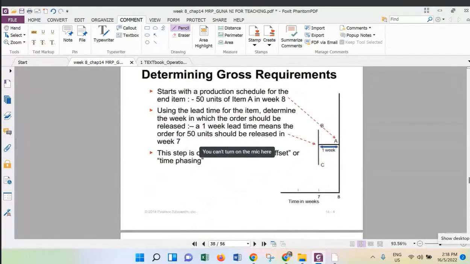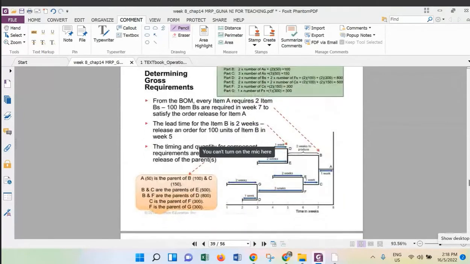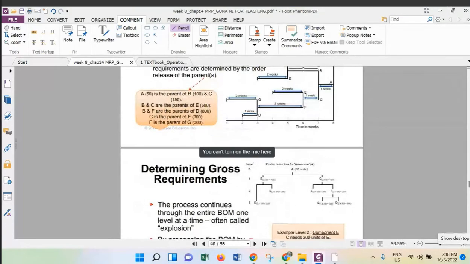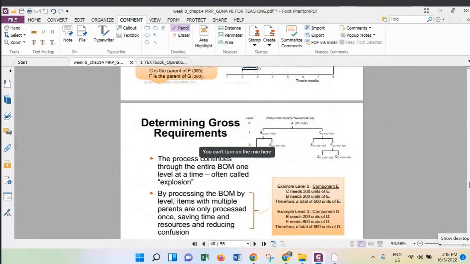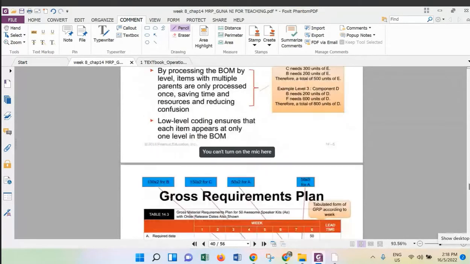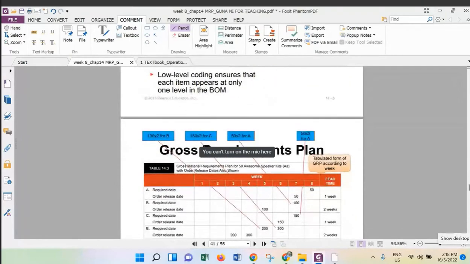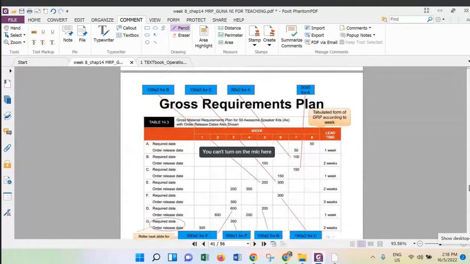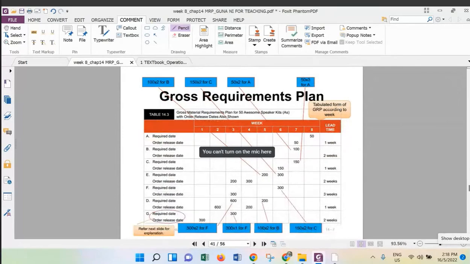Alright, so now kita nak menentukan gross requirements. Gross requirements ni merupakan keperluan kasar. Kalau net tu adalah keperluan bersih, gross ni adalah yang kasar. Kita tahu bahawa we're going to produce 50 units of the finished product.